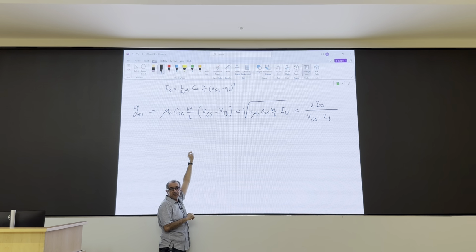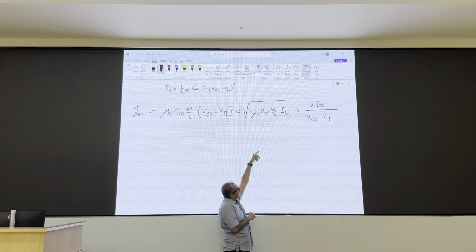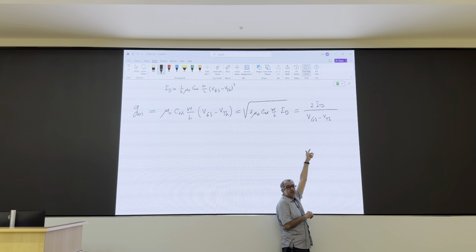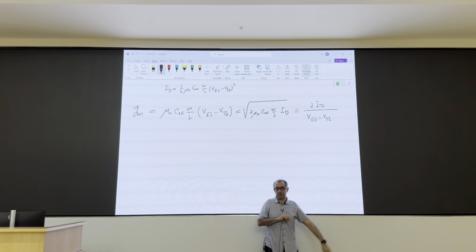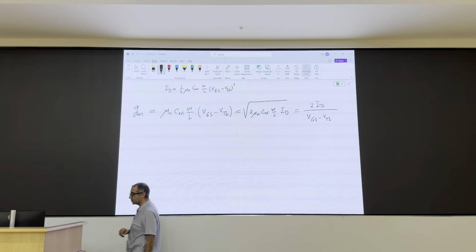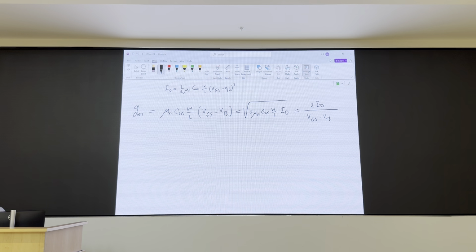Voltages are usually the first things that we find. And if you happen to know what is happening around your device, let's say you're biasing with a current source and you just have the VGS minus VTH value, this last one is the easiest one to use. Has no technology parameters in it. Okay? So let's use that model in the circuit, see what happens.